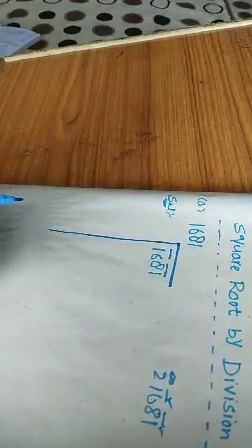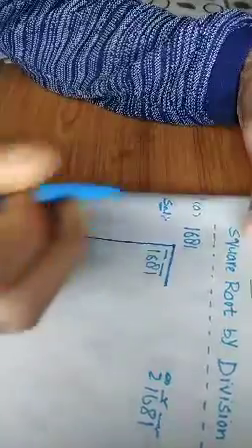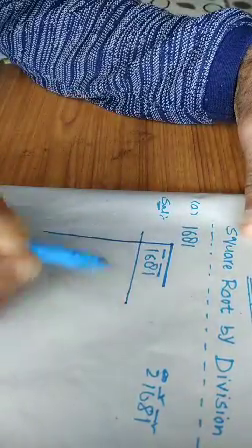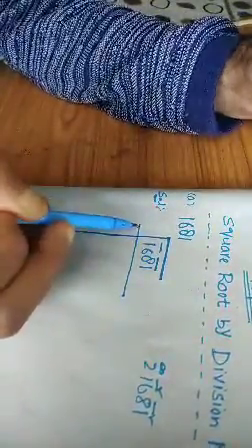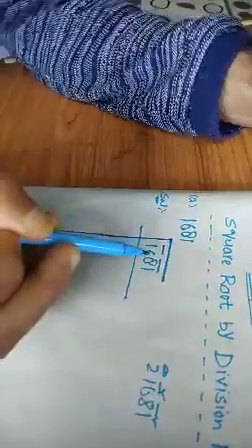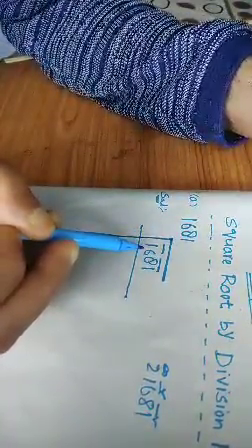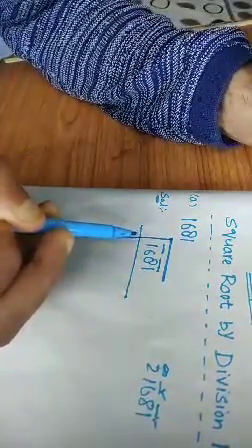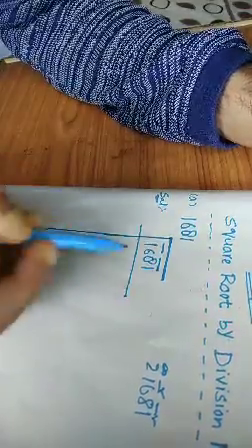After it, what we do, we find a number whose square is either equal to this first pair or whose square is less than this number.